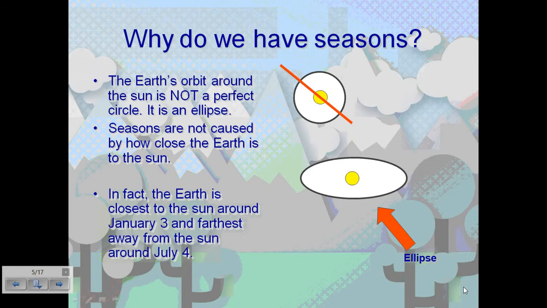The seasons are not caused by how close the Earth is to the sun during its ellipse. In fact, the Earth is closest to the sun around January 3rd and farthest from the sun around July 4th. So obviously, it becomes evident that distance doesn't play the role in the seasons that we may have previously considered.